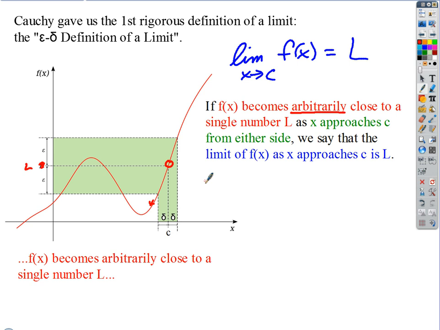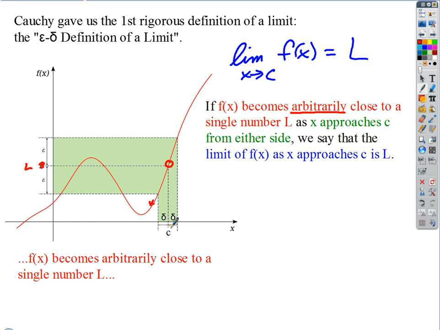Just like the ant could get as close as necessary to his target y value just by inching closer to x equals c. Okay, that's what this is capturing here. If we can get a relationship between those two concepts, getting arbitrarily close as we want to L, just by moving x closer to c, then the limit works.